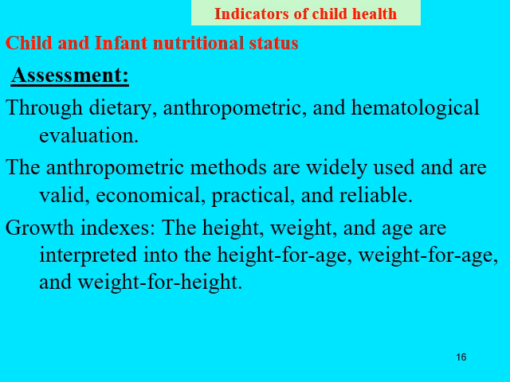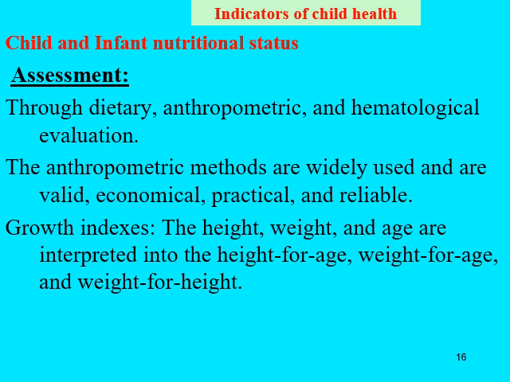Dietary, anthropometric, and hematological evaluation can give us some idea about the nutritional status of children. Anthropometry looks at the weight, height, and other indicators to evaluate the nutritional status among children.